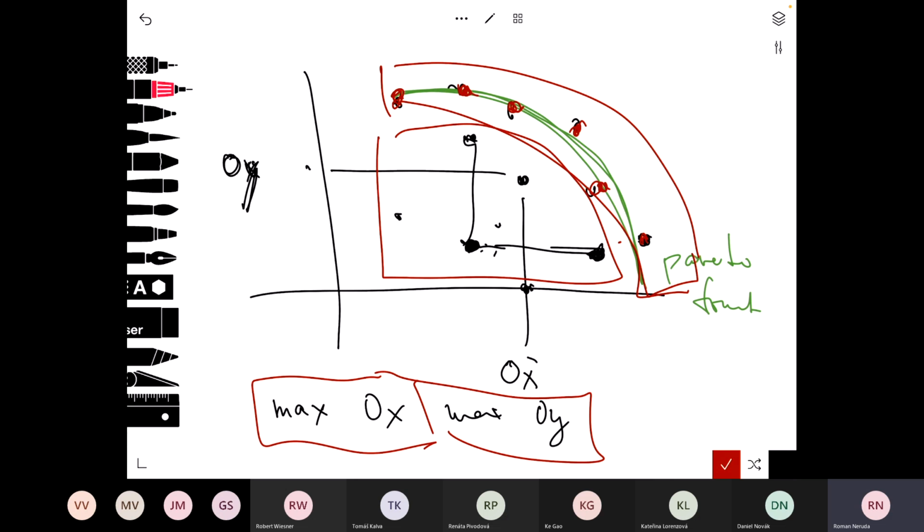But we don't have the notion of dominant strategies in the Nash equilibria, where in order to be a Nash equilibrium strategy, you are dominating against all possible outcomes of this.